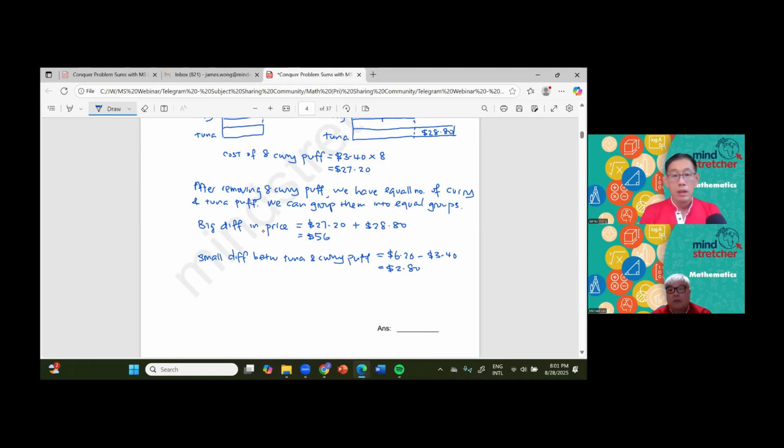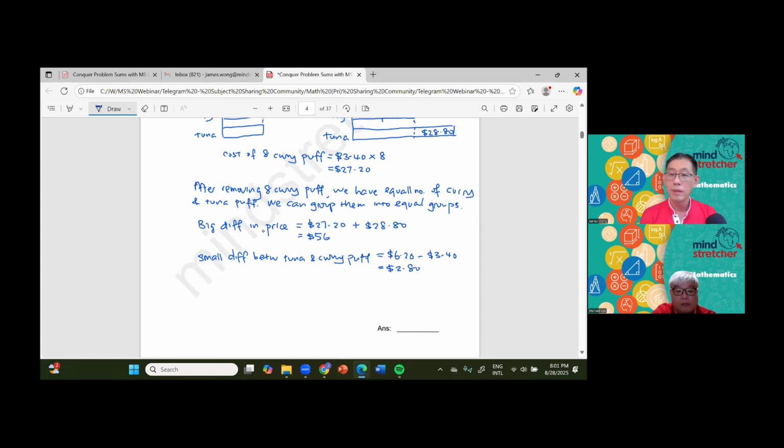Now, this big difference in the total price must be as a result of your tuna puff being more expensive than the curry puff, right? One tuna puff is more expensive than one curry puff, and one tuna puff costs $2.80 more. So if you add up all the total tuna puff and all the total curry puff, you will result in a bigger difference.